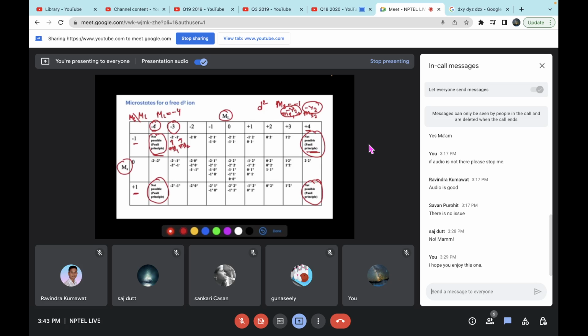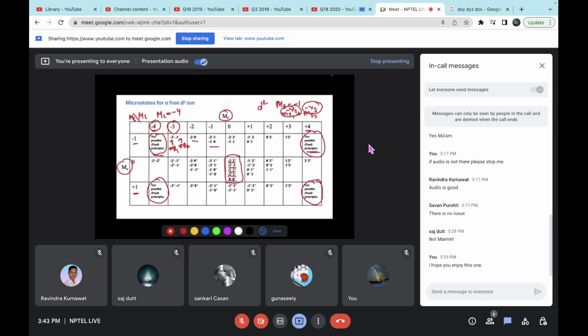Sorry, yeah. So again, if we go on filling these, you can see that the maximum number of microstates is where ml is equal to 0 and ms equal to 0. So there are a total of 1, 2, 3, 4, 5 sets of microstates, making 5 terms.